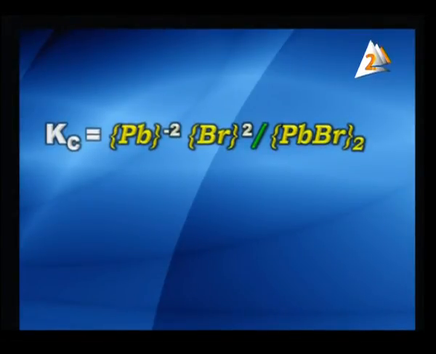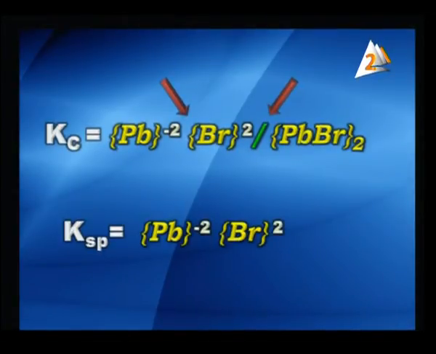To arrive at equilibrium, we take the concentration of the products over the concentration of the reactants. After that, don't forget the power, because it is the number in front of the compound or the element.